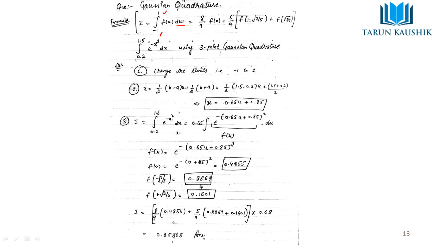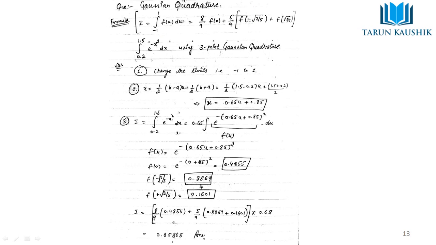After the integration, the answer is 8 by 9 into the value of the function at u equal to 0, plus 5 by 9 into the value of the function at minus root 3 by 5 and at plus root 3 by 5. So calculate these three values, f at 0, f at minus root 3 by 5, and f at plus root 3 by 5, put them in the formula and solve. You will get your answer.